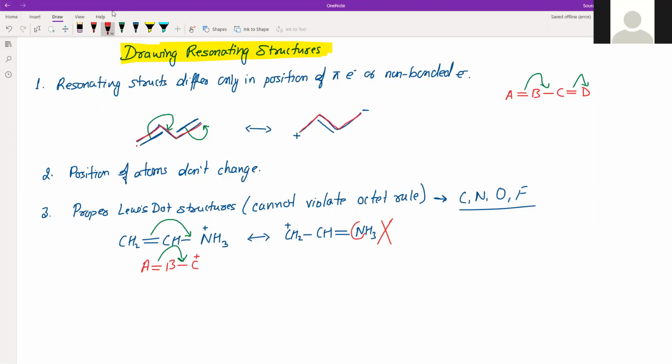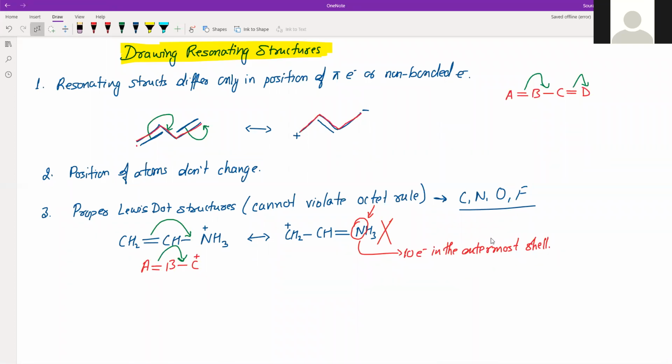Because now nitrogen's octet is violated. It has 10 electrons in the outermost shell, and octet means 8. Before jumping on to writing resonating structures, you have to take care of this point as well.